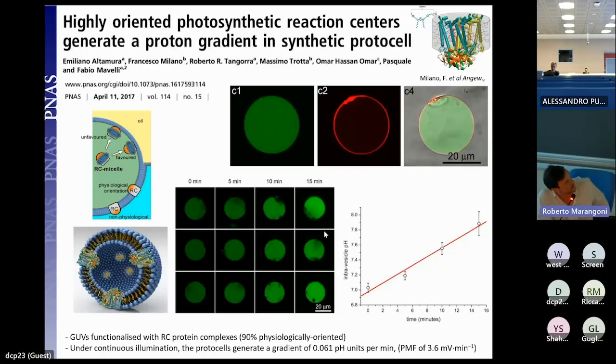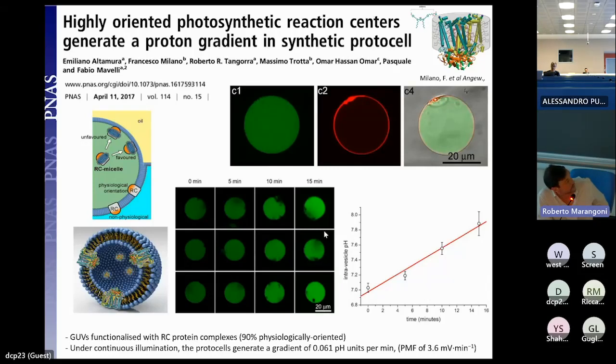Under illumination, we can observe that the pH inside the vesicle increases, due to the fact that this protein is able to transduce the light energy into a pH gradient. Since we put inside a fluorescent probe that is sensitive to pH, the increase of fluorescence is related to the increase of the pH.